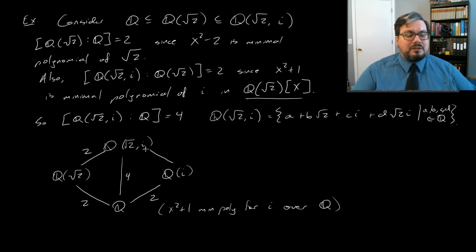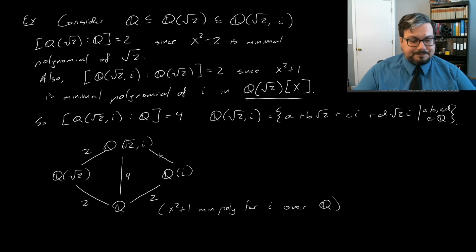And so now when we look at this extension here, from Q(i) to Q(√2, i), we must have that when we look at the chain of extensions going from Q to Q(i) up to the top field, and we multiply all those degrees together, we get the same result as when we go along any other path.